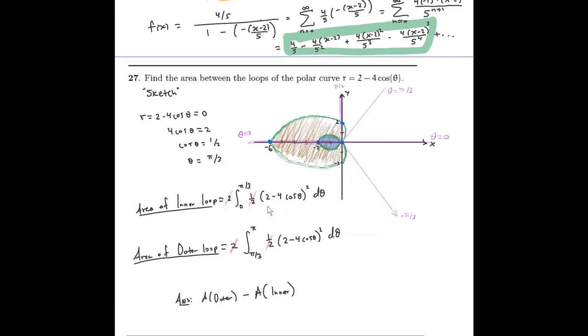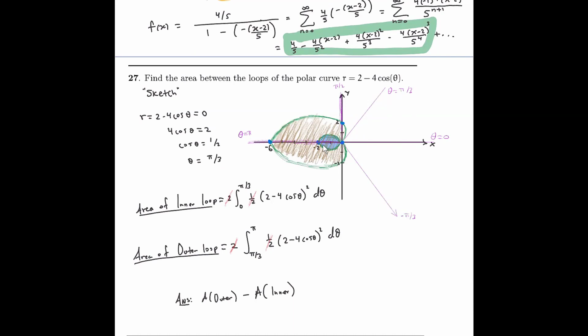Do you mean this area or that area? The inner loop, the outer loop? The inner loop. Well, the inner loop here is bounded between negative pi root 3 and pi root 3 here.